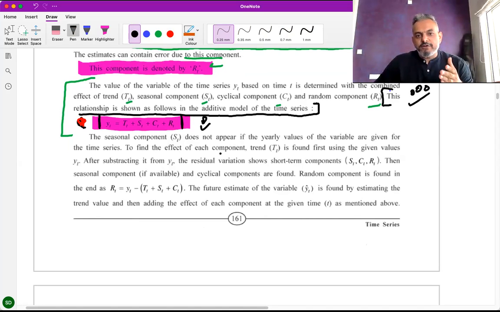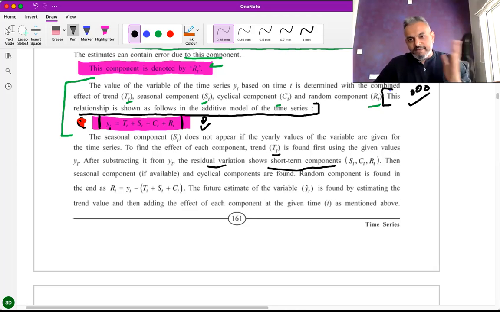To find the effect of each component, T is found first using the given value Y. After subtracting it from Y, the residual variation shows the short-term components S, C, and R. Then the seasonal component, if available, and cyclical component are found, and the random component is found in the end as R of t, which is equal to Y minus.